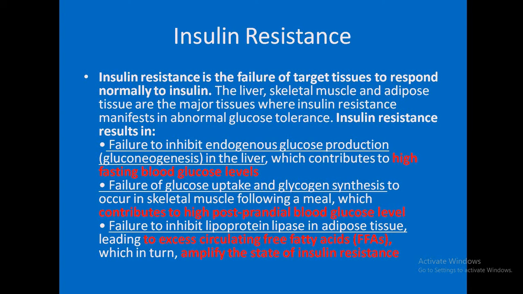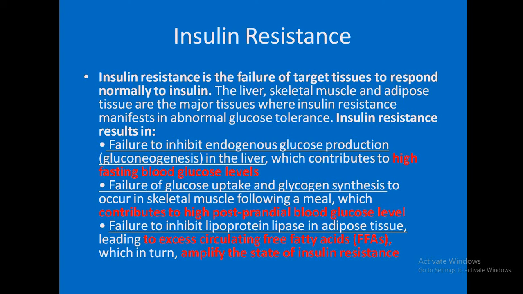The liver, skeletal muscle, and adipose tissue are the major tissues where insulin resistance is manifested, and it results in the following. It results in failure to inhibit endogenous glucose production in the liver, so it results in high fasting blood glucose levels.